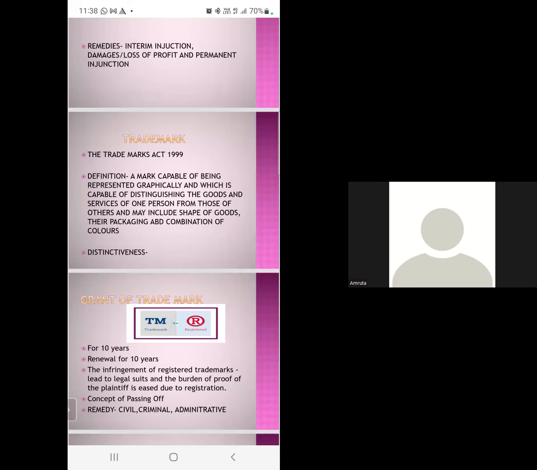It should not be similar to another product, and it should not be made of words which are very common in our daily use. So if you see, the granting of a trademark is very discretionary on the part of the authorities. A trademark is granted only when there is distinctiveness in your product.